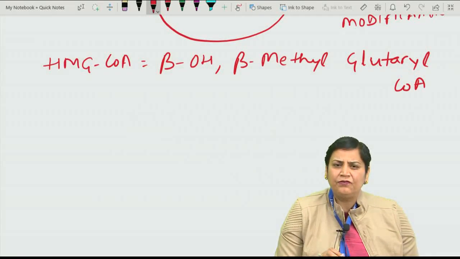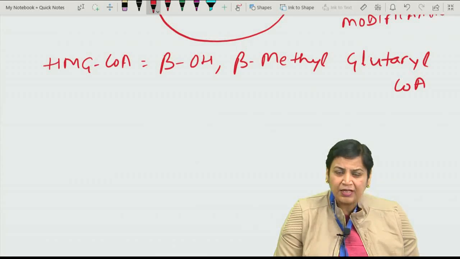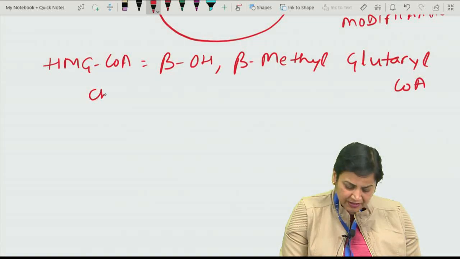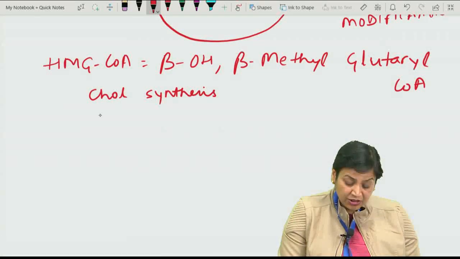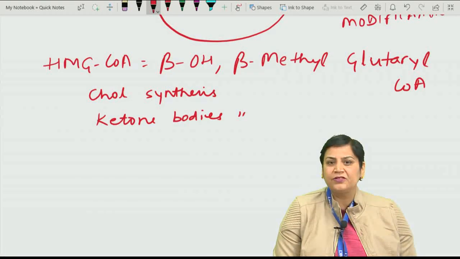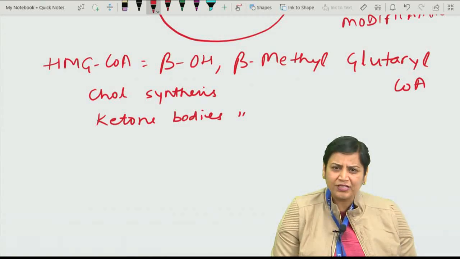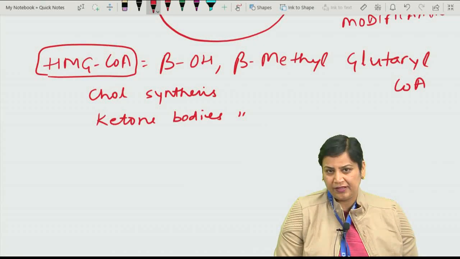This is a very important intermediate which is produced during cholesterol biosynthesis, and also in ketogenesis, or ketone body synthesis. This is very, very important, and many questions have been asked on this intermediate, HMG-CoA.